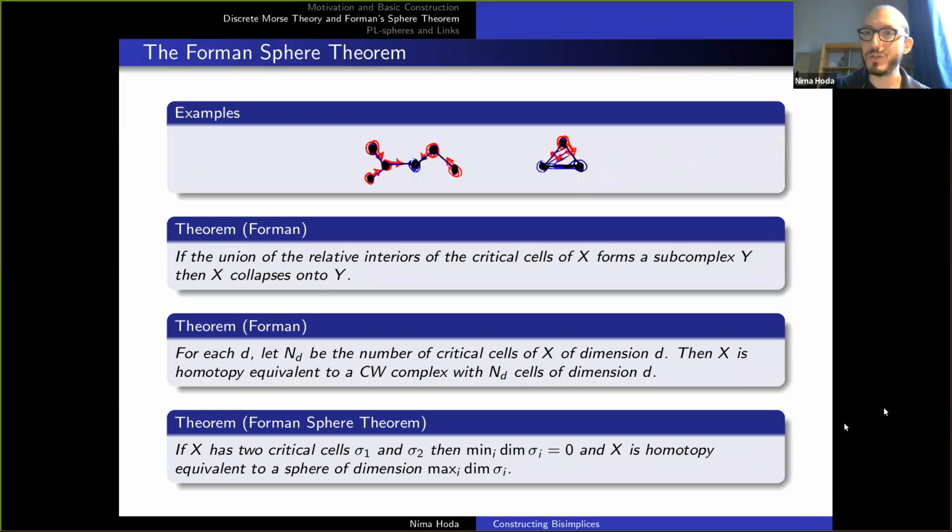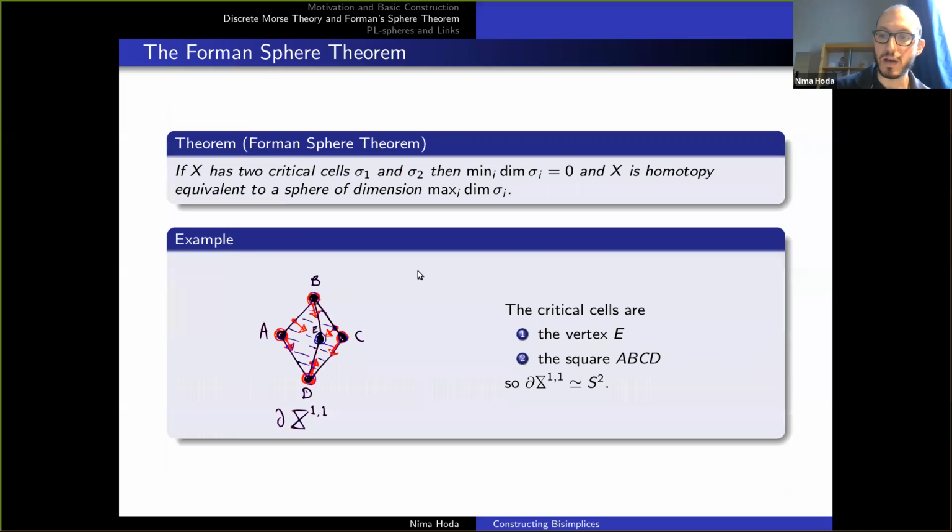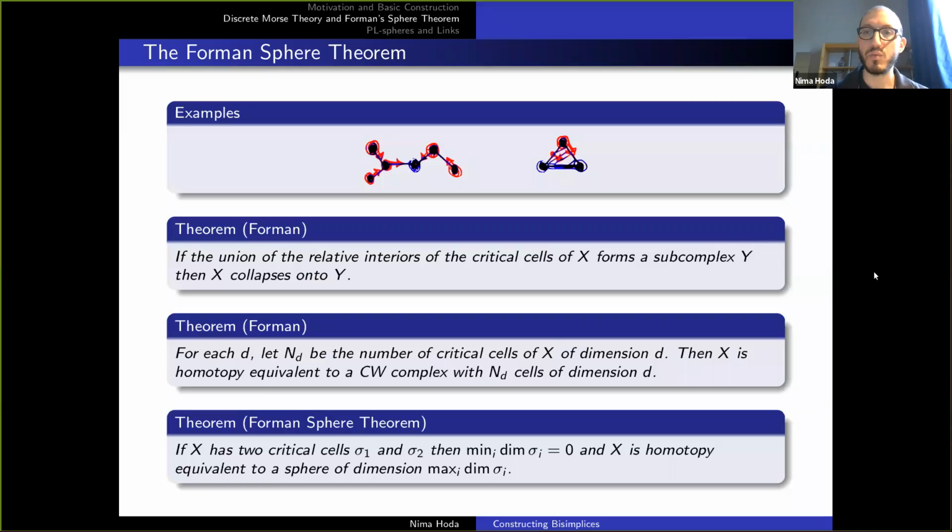Okay, so what do you get from a Morse matching? What is it good for? Here are a few theorems of Forman. If the union of the relative interiors of the critical cells of X forms a subcomplex Y, then X collapses onto Y. So in this particular case, the critical cells form a subcomplex.